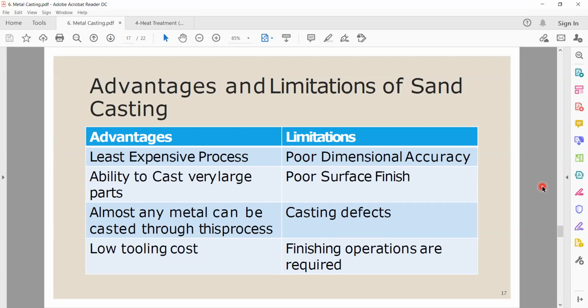In those cases, you can use this kind of mold, because for permanent molds you definitely have to make the mold using metals.